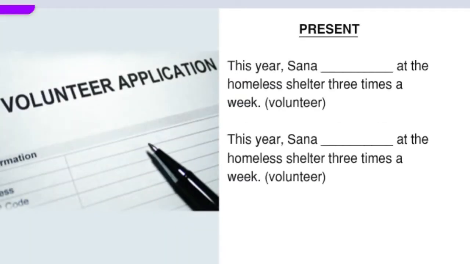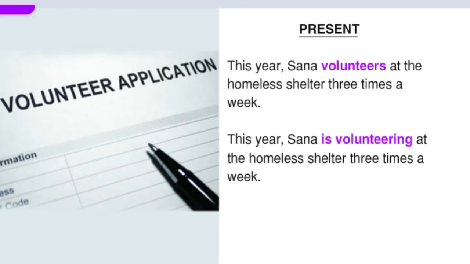Check your understanding. Look at the picture and the tense. Complete the sentences using the correct form of the verb in parentheses. Now listen to the sentences. This year, Sana volunteers at the homeless shelter 3 times a week. This year, Sana is volunteering at the homeless shelter 3 times a week.